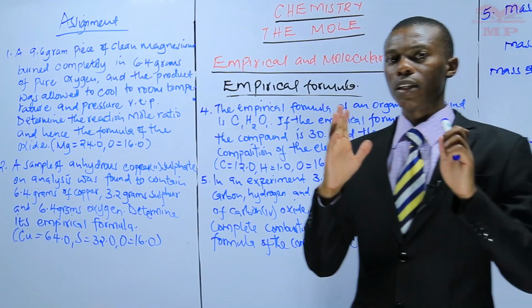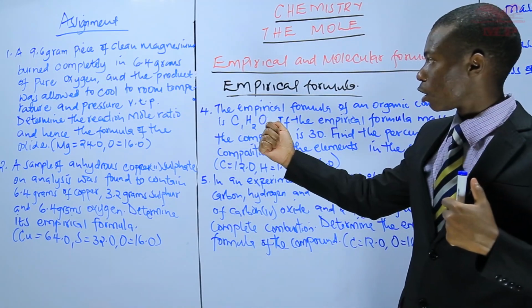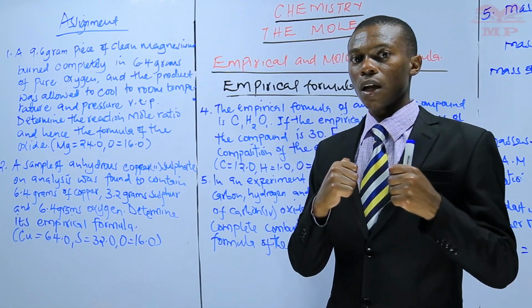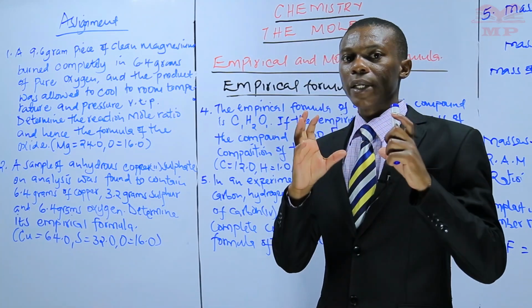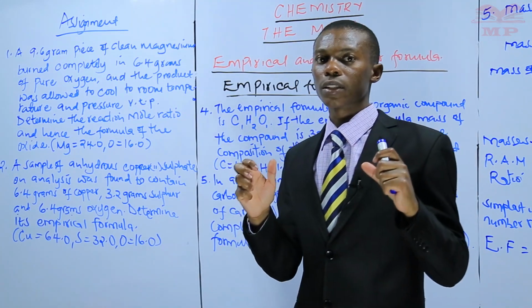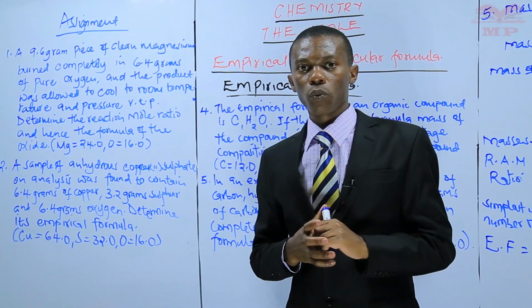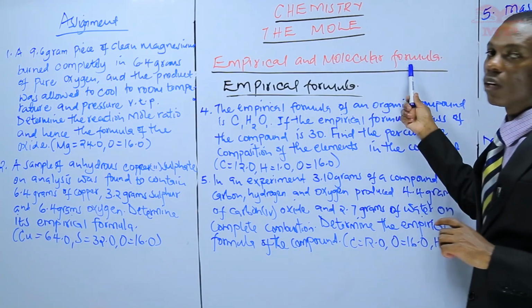Ensure that you've done these two questions together with the other two questions that were not done in the previous lesson, so that you have a better understanding of the empirical formula and how to calculate it. In the next lesson, we will learn the molecular formula.